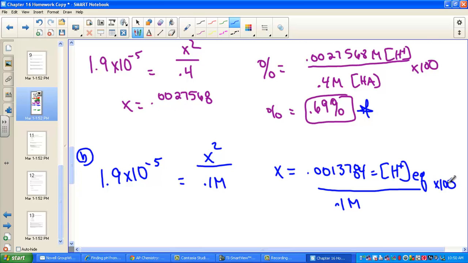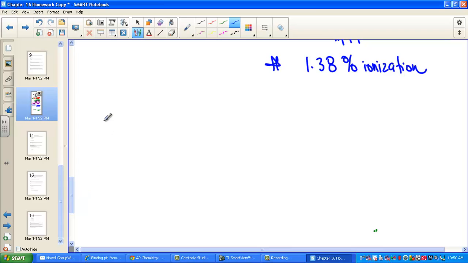So my value of X divided by 0.1 times 100, and I'm at 1.37% ionization. I should probably round a little bit different. 1.38% ionization. Still, valid math, we're well below 5%. If the number comes out greater than 5, we back up and use the quadratic equation.